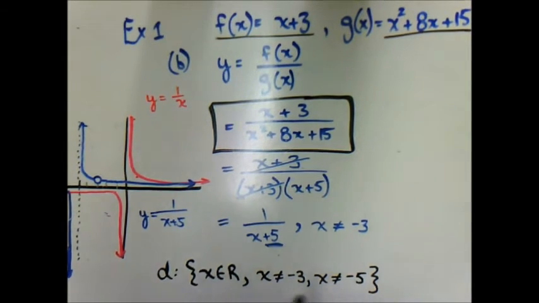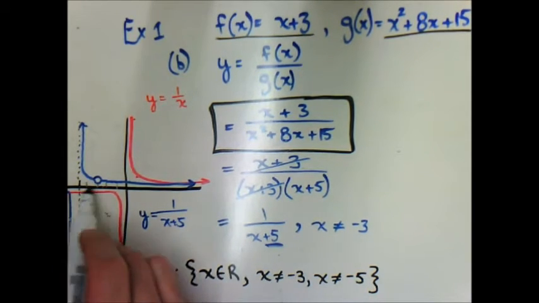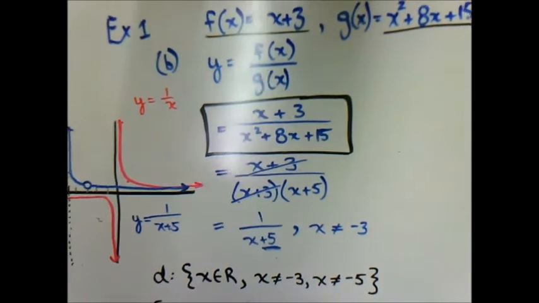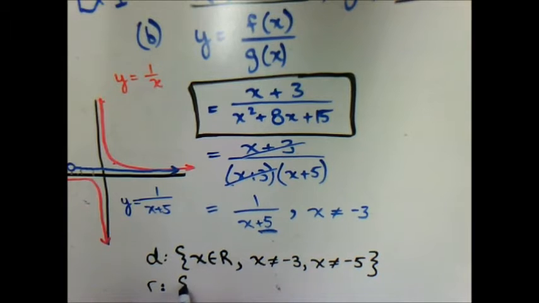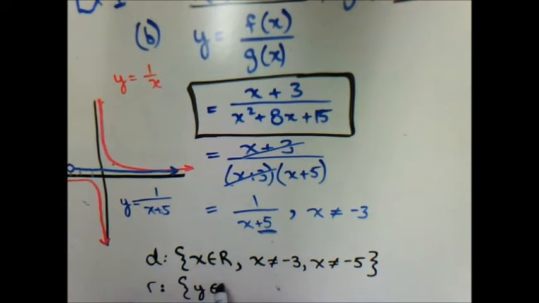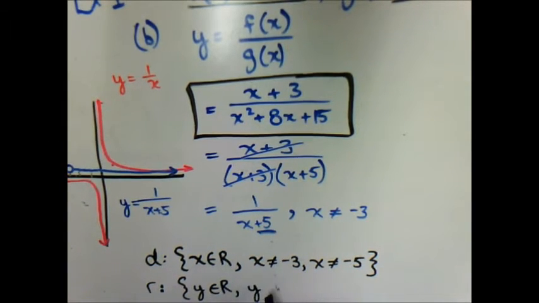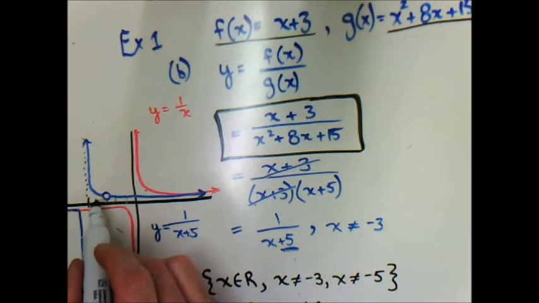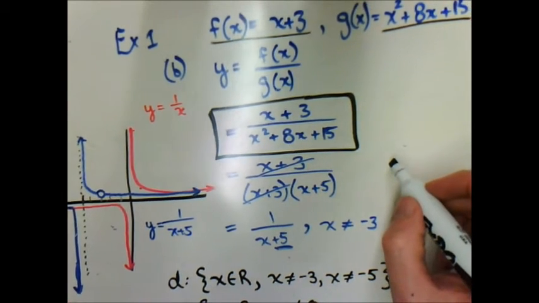And for the range, we can see that there is an asymptote at y equals 0. So for the range, y belongs to the set of real numbers, and y cannot equal 0. There's another place where there's a restriction on y. So this gap occurs at x equals -3.